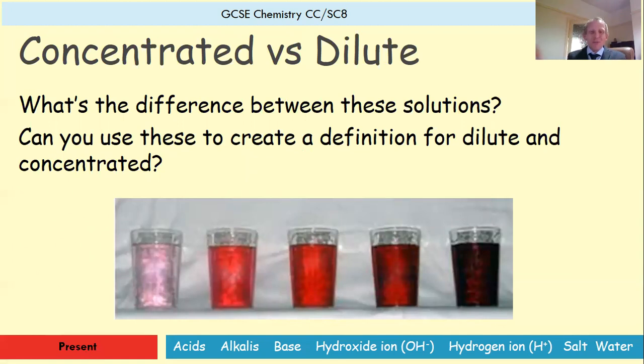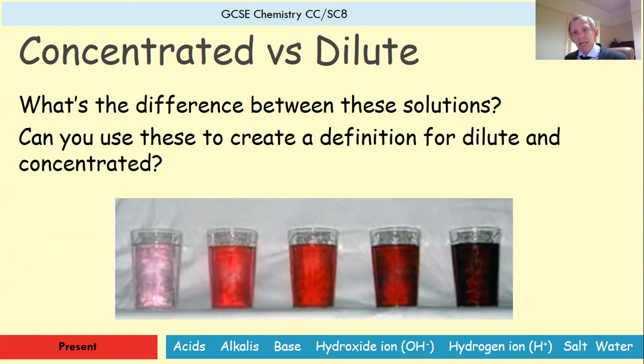What I'd like you to do from this slide is basically have a look at those series of starting at quite a dilute solution, moving through to a more concentrated solution. I'd like you to see if you can create your own definitions for dilute and concentrated. Now, I will give you a bit of a heads up, guys. Please do not use the words weak or strong, okay?